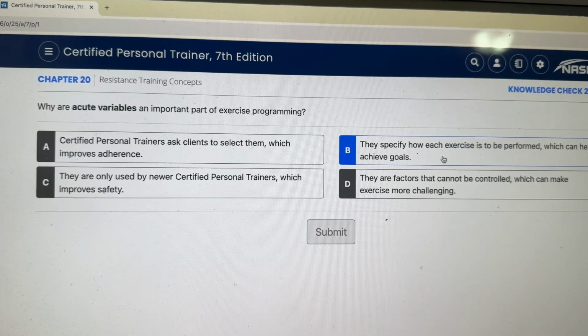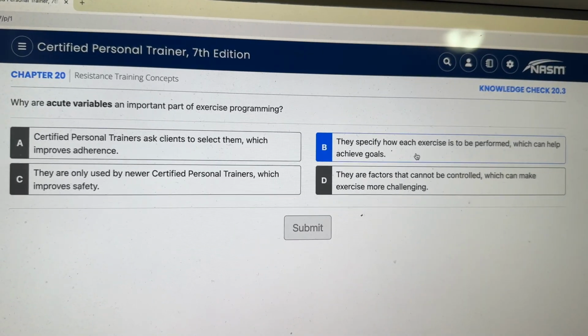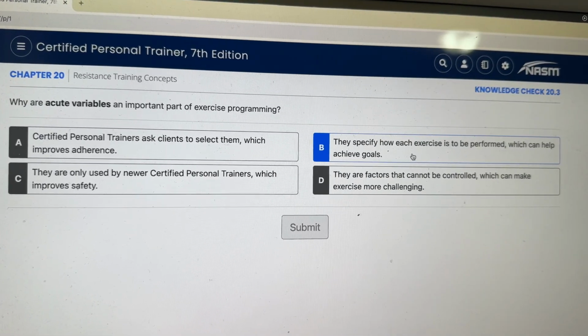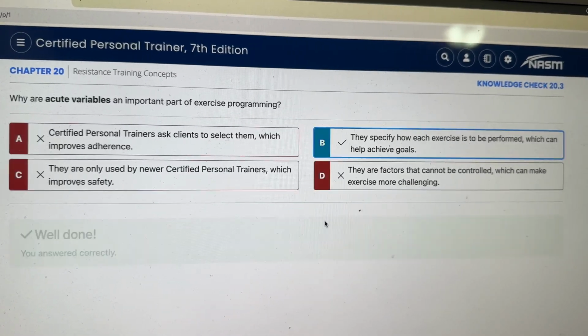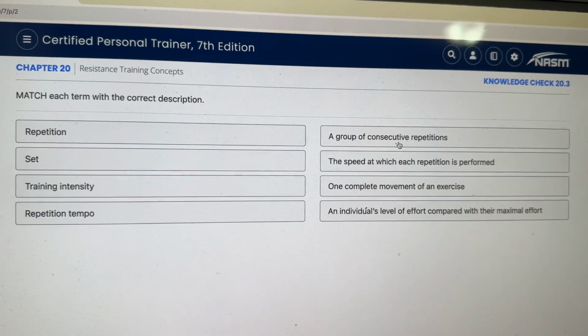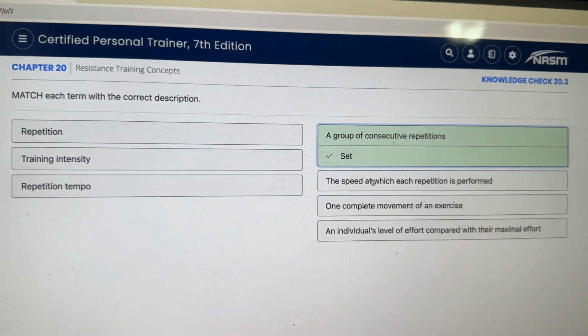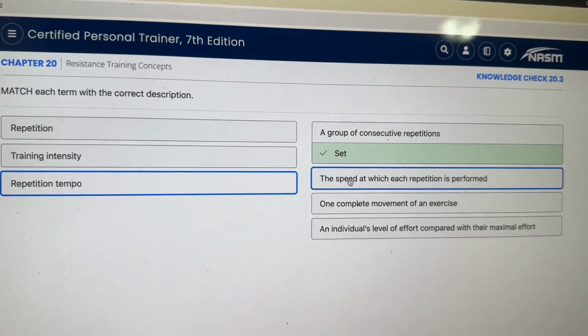Why are acute variables an important part of exercise programming? I think they specify how each exercise is to be performed, which can help achieve goals. Match each term with the correct description. A group of consecutive repetitions. Set. The speed at which each repetition is performed. Repetition tempo.